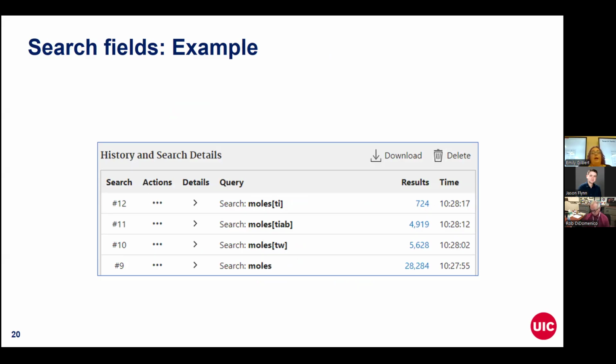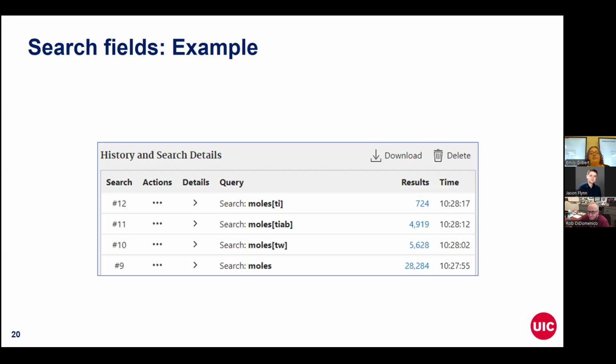If you search with just TI, like in the example at the top here, that is searching only in the title. The reason you would want to do that is because often if a term is important enough to an article, it will appear in the title.